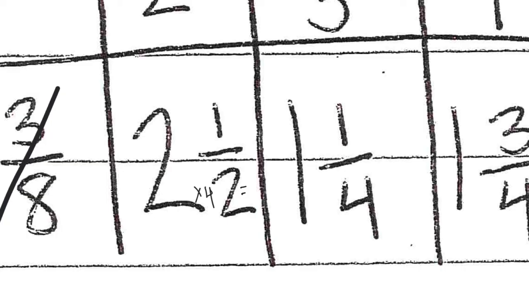If I do that to the bottom, I also have to take the top number times 4. 4 times 2 is the 8 that we need. 4 times 1 is 4. So we know that 4/8 and 1/2 are fraction equivalents. So 2.5 is also 2 and 4/8.